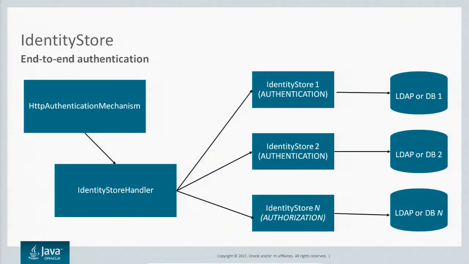Yeah, so that's not a very good picture of the loop, but basically the identity store handler is going to iterate. In this particular case, it would iterate over the first two to do authentication. And then in the second loop, it would only invoke the last one there. But there could be any mix of authentication and authorization there, and it would iterate over the set twice.